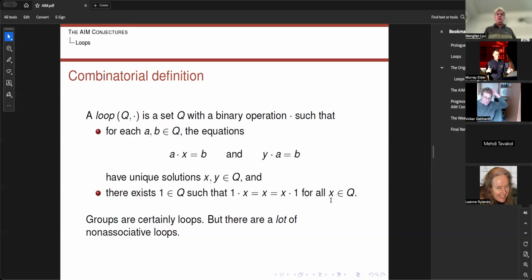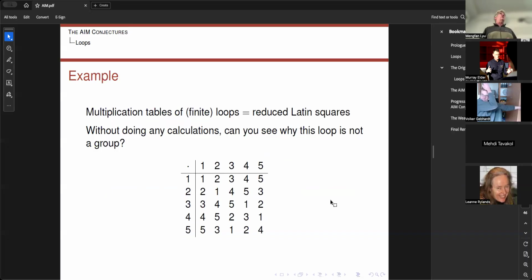So, of course, this includes groups. Proving that property there is one of the very first things you do in an abstract algebra class after the notion of group has been introduced. But there are lots of non-associative loops. Let's start with a very simple example, a very small example. In fact, one of the smallest examples.